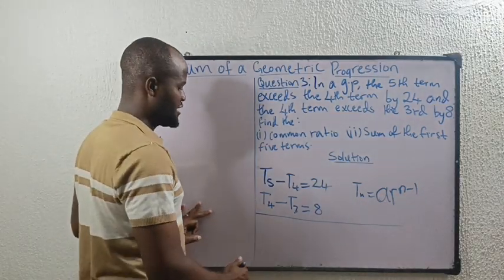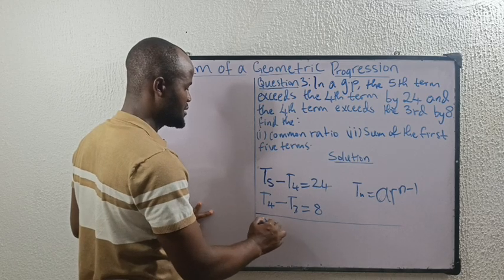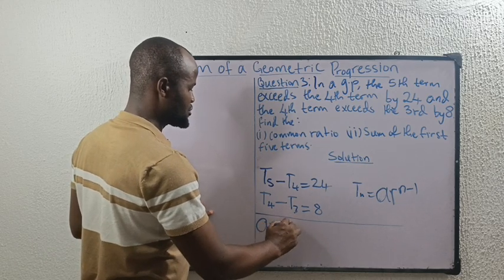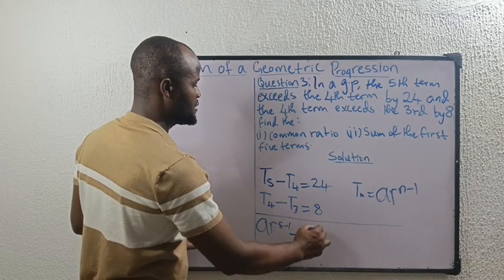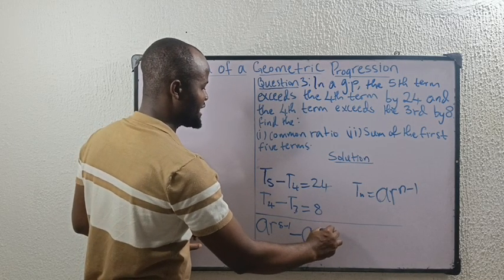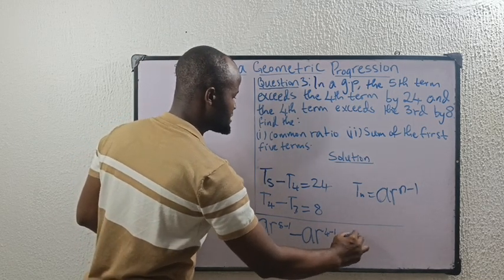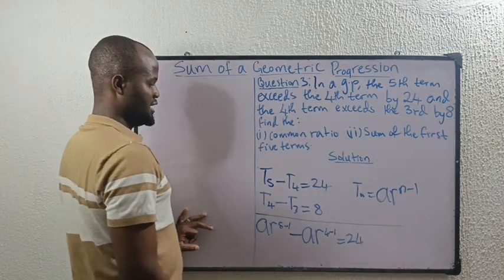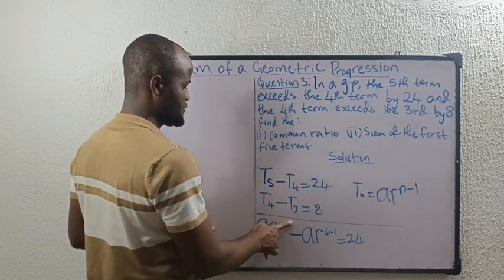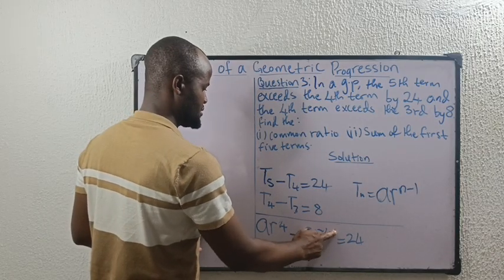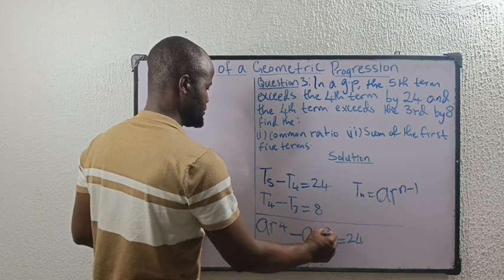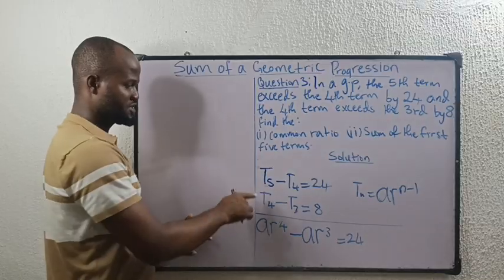So in the case of T5, it's going to be AR raised to the power of 5 minus 1, minus AR raised to the power of 4 minus 1, equals 24. And what's 5 minus 1? It is 4, so we replace it with 4. And 4 minus 1 is 3, so we replace it with 3. So we've interpreted this one.